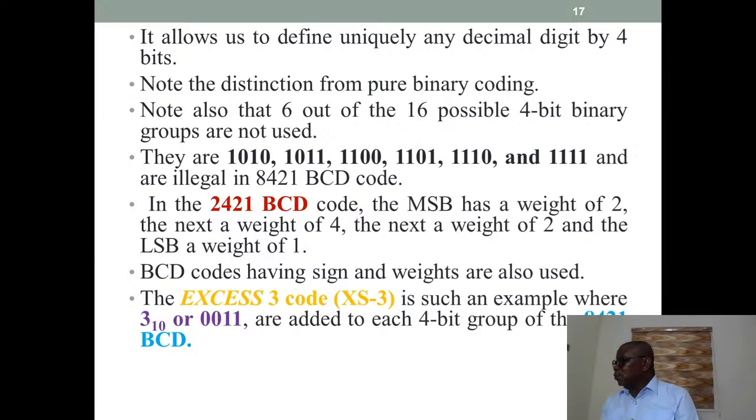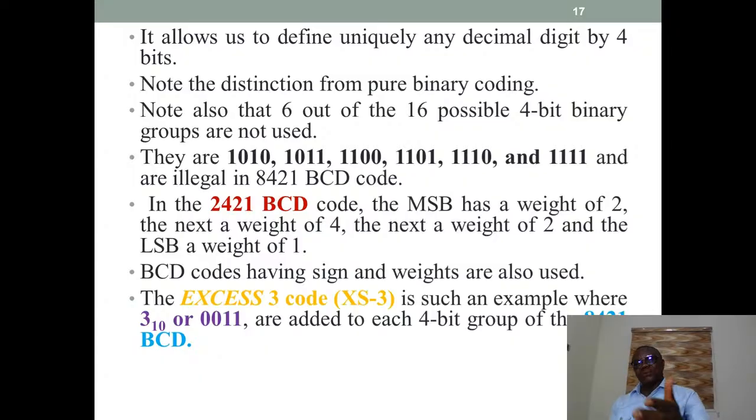So I would like you to find out why these 6 combinations are not used in binary coded decimal. If you look at it, it has one pattern that is common.